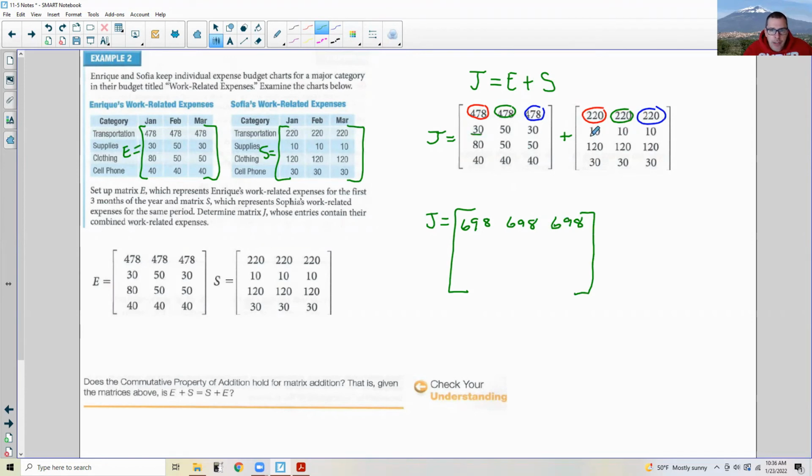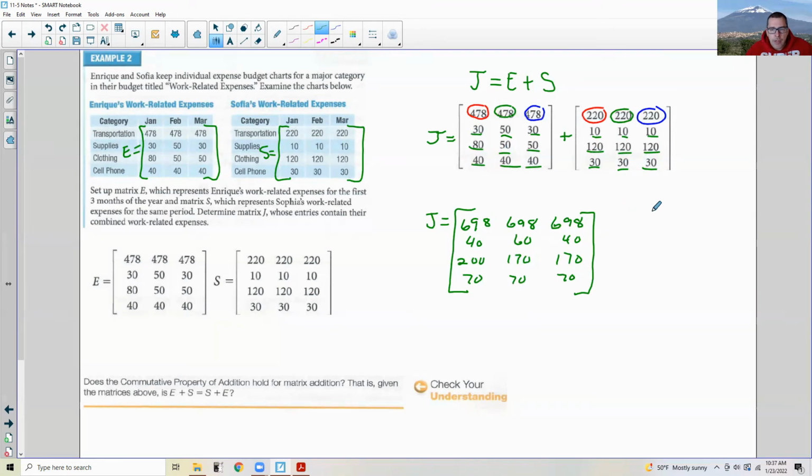So it's going to be 30 plus 10, which is 40. 50 plus 10, 60. 30 plus 10, 40. 80 plus 120, 200. 50 plus 120, 170, and 50 plus 120, 170. 40 plus 30, 70, and 40 plus 30, 70, and finally 40 plus 30, 70. So the new joint matrix would look like this. Combined expenses for 3 months for the two of them.